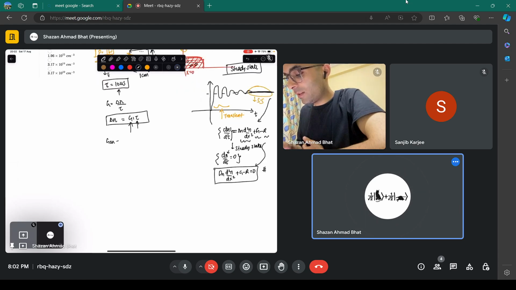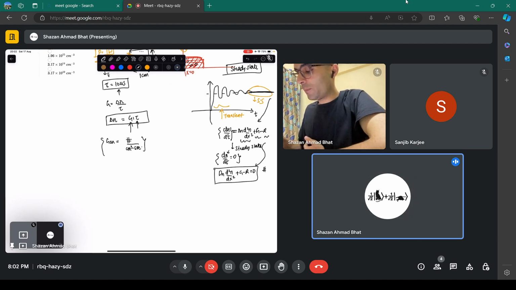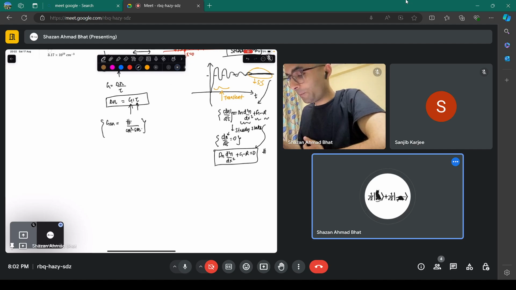What is generation? Generation is the number of electron hole pairs produced per centimeter cube per second.